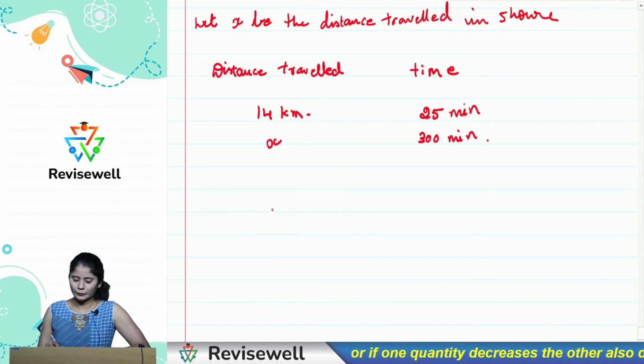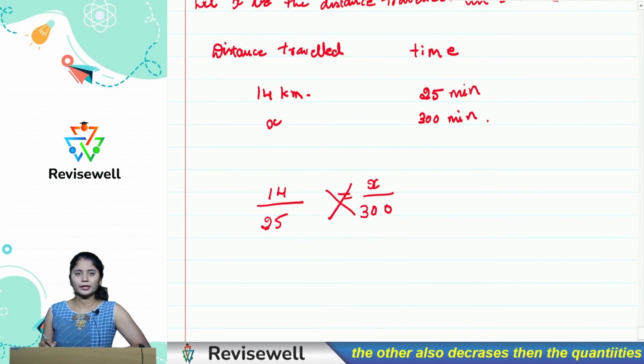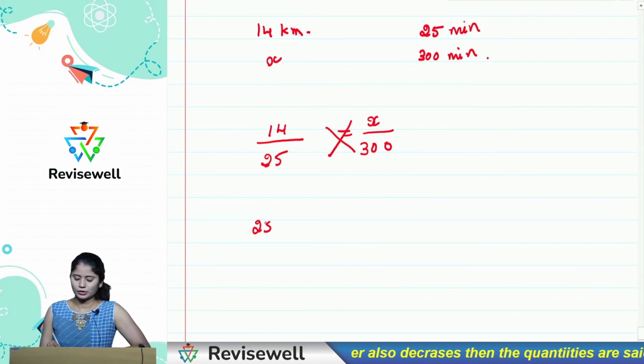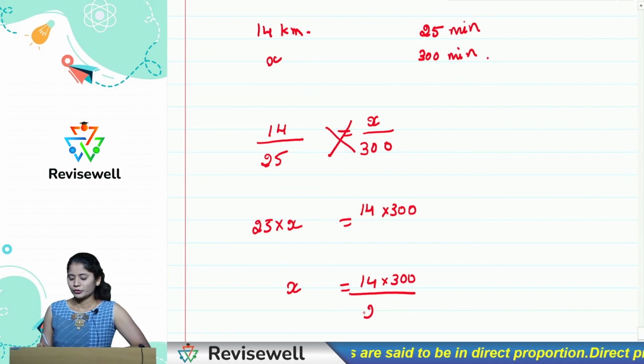They are in direct proportion. So that is 14 over 25 equals x over 300. Cross multiply to get the value of x. So 25 times x equals 14 times 300. So x equals 14 times 300 over 25.